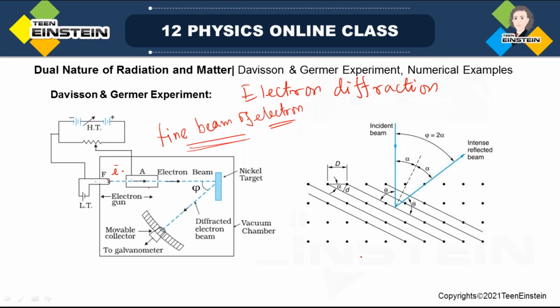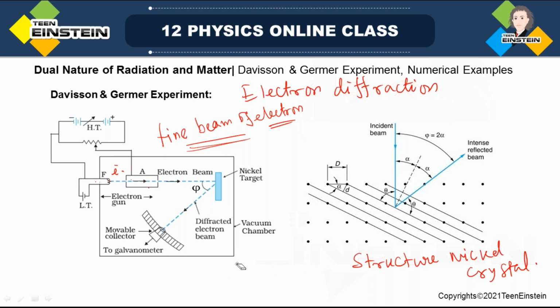Why? See, the structure of nickel is shown here, the inner structure of the nickel crystal. Any crystal has a definite arrangement of atoms inside it, as you can see from here.